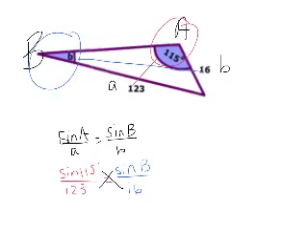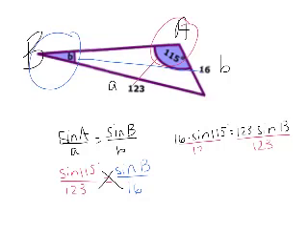I'm going to cross multiply now, which leaves me with 16 times the sine of 115 degrees is equal to 123 times the sine of big B. I want to get B all by itself, so I'll start by dividing each side by 123.